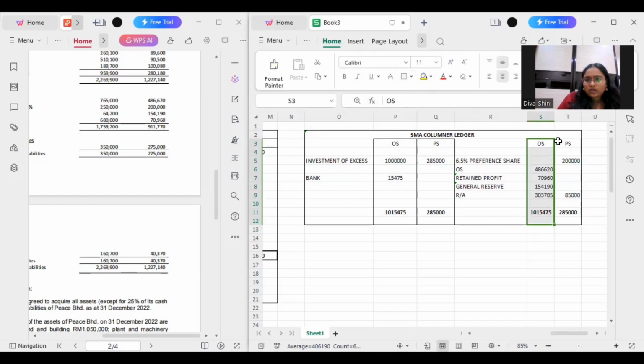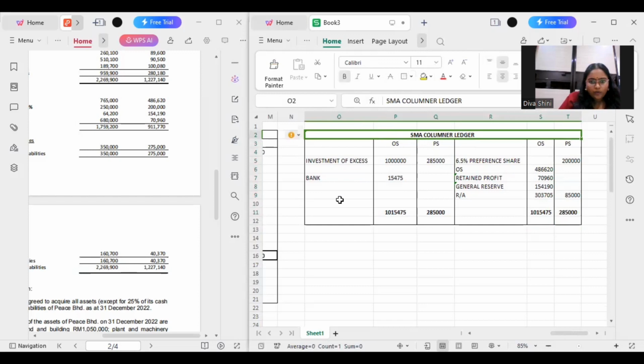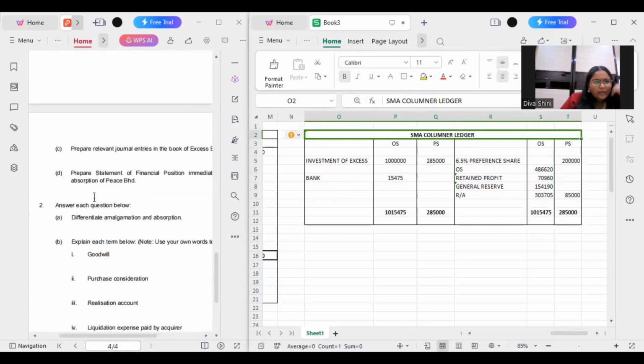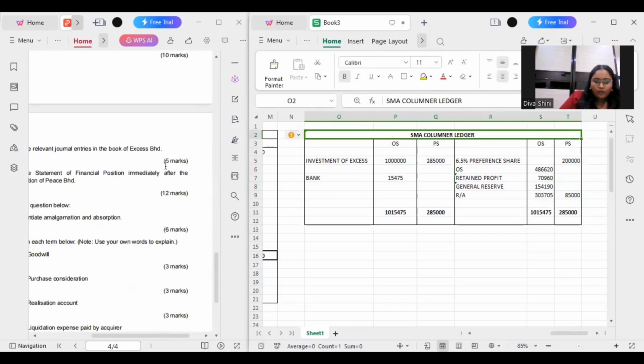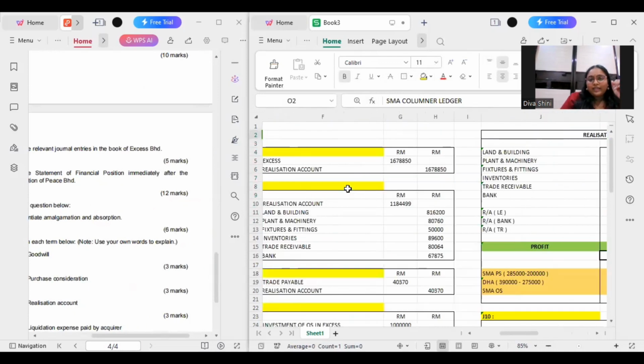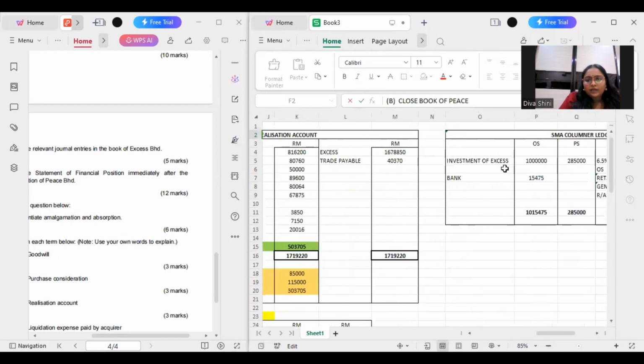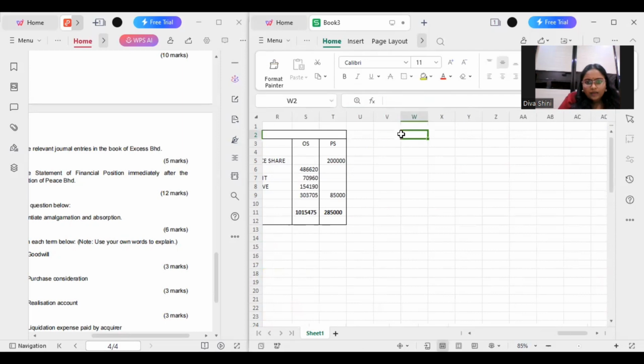So for the third question, which is C, they have asked to prepare relevant journal entries in the books of SME. So this is defined as closed book, and now we need to do an open book of SME.